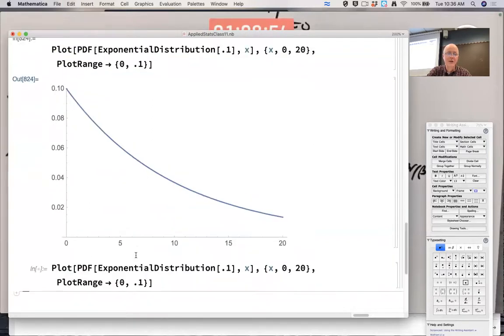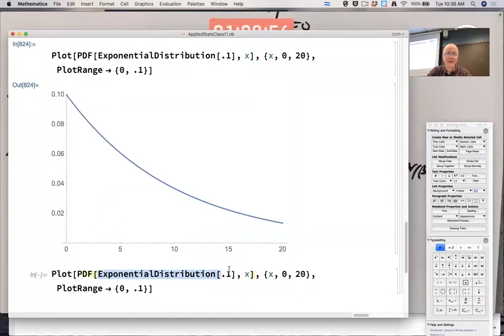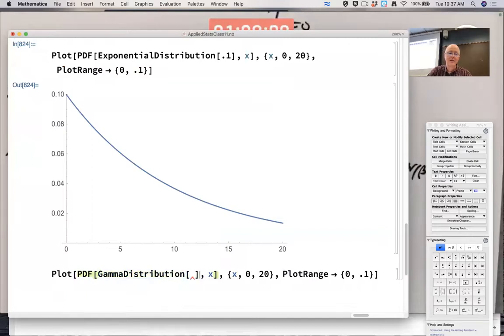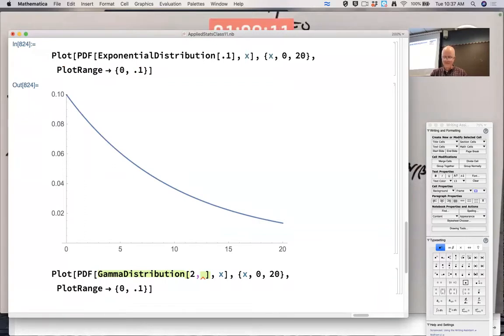The sum of two such exponential distributions is a gamma distribution with alpha equal to 2 and beta equal to beta. But again, the beta here is 10, not 0.1. I think I need a 10 in here.